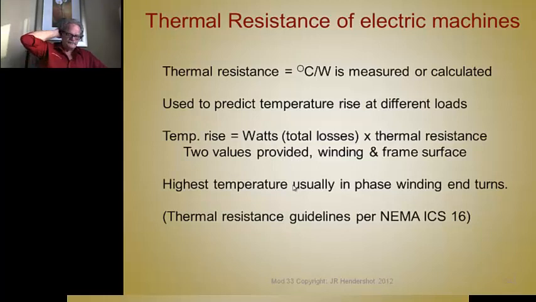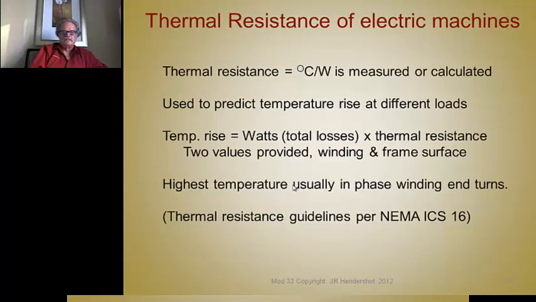Now you can affect the one at the surface of the frame a bit by external cooling and by mounting, but it's pretty hard to affect the one in the winding unless the machine is built for an external blower, to blow air through it, or you've got liquid cooling. The highest temperature in the machine is usually in the end turns of the phase windings.